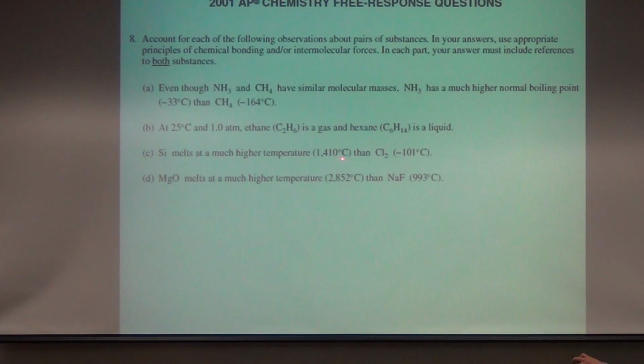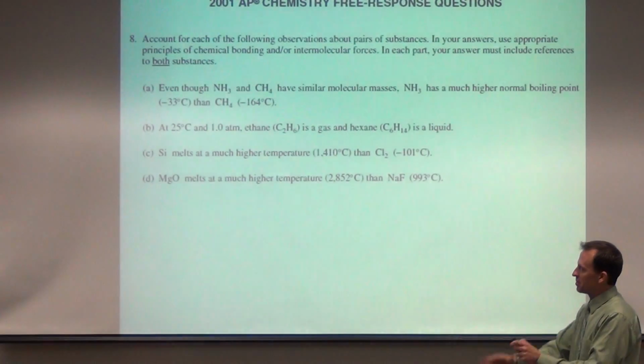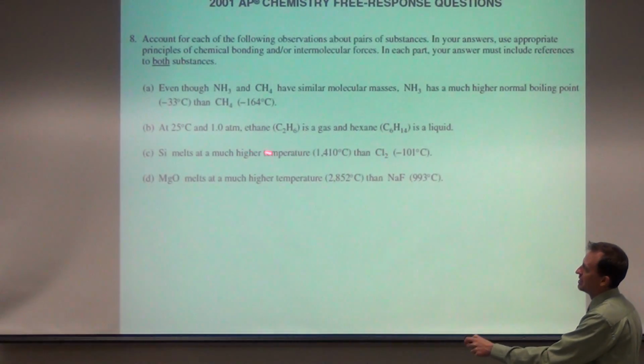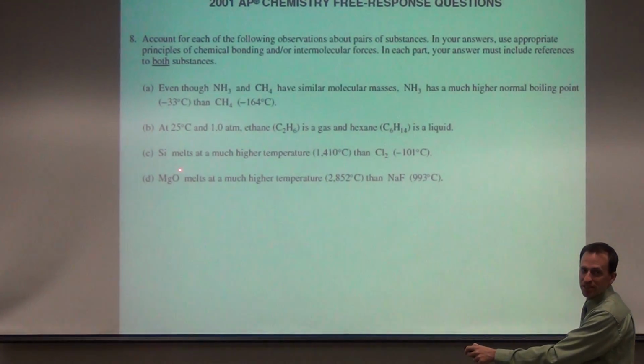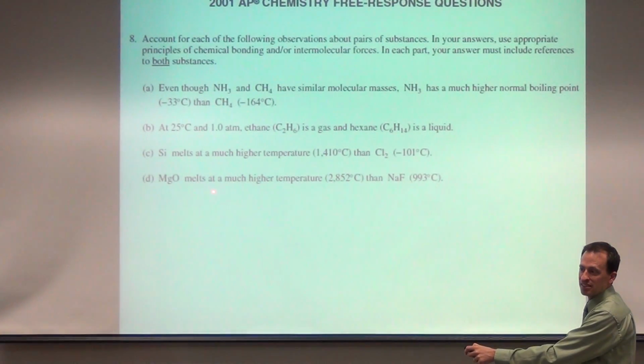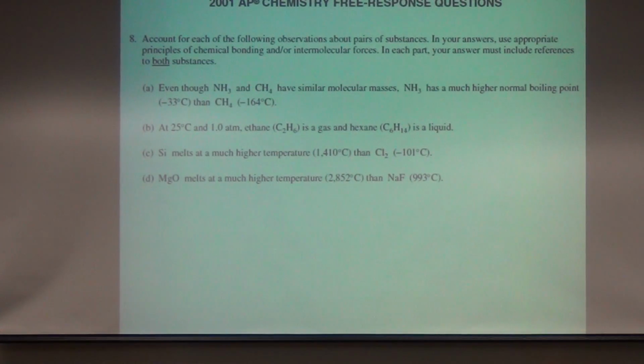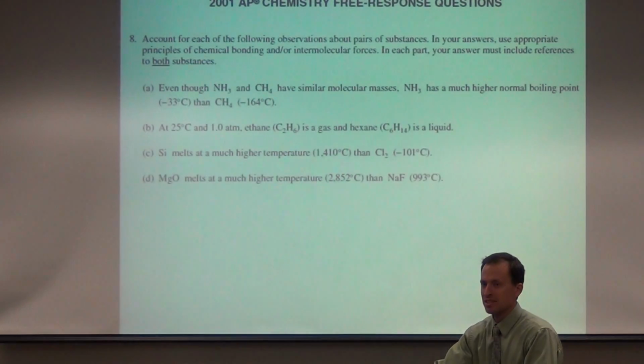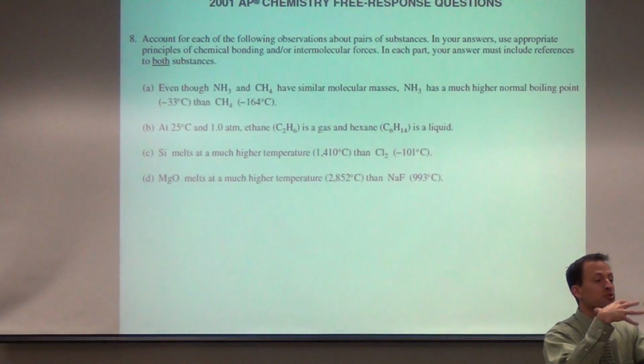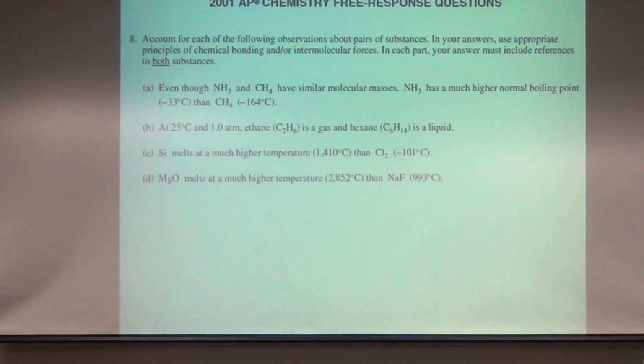Si melts at a higher temperature, whoa, crazy, than Cl2. This doesn't come up much, and this is the one thing we didn't talk about all that much. Cl2 is an LD. Kevin, did you find out what this was? Starts with an N. Network solid. Carbon and silicon, if they're by themselves, make crazy strong networks, like diamond and quartz.